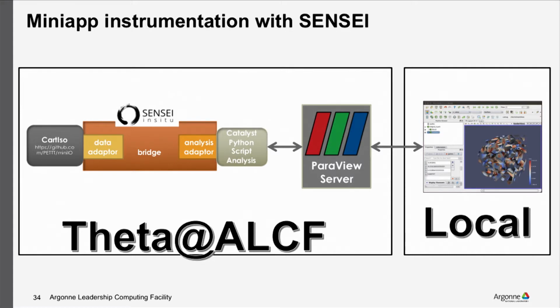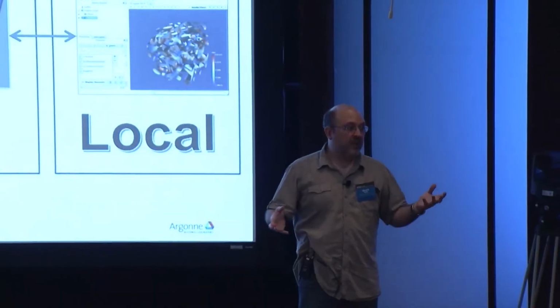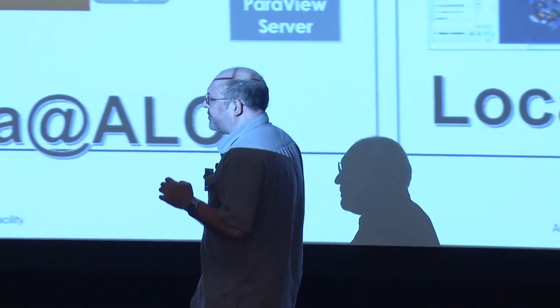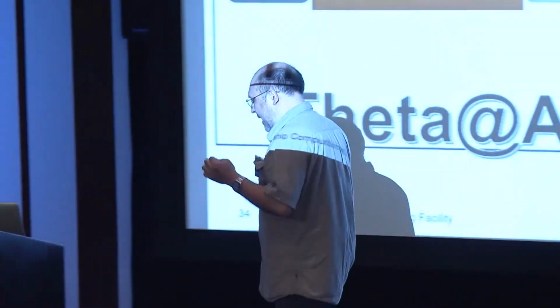If you run the ParaView client on your local resource, you connect over the network to the ParaView server and can interact with the data while the simulation is running, and you can see what's going on there. Many times science teams need to prepare their large simulations, so they start with something smaller.